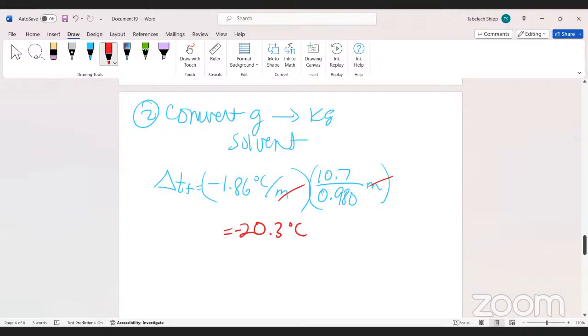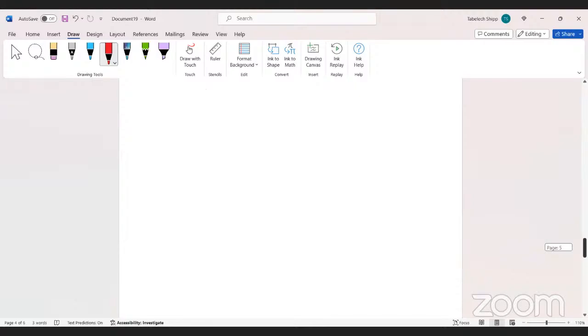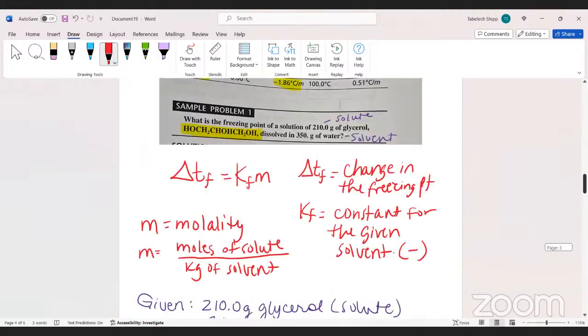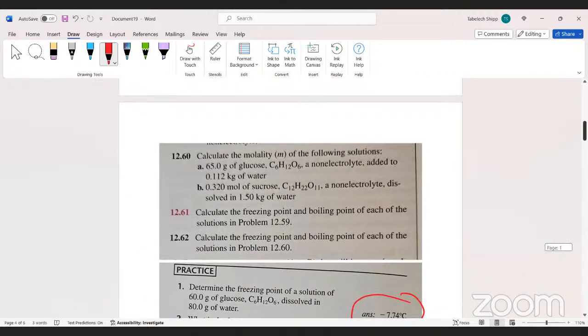I'll give me a second. I'm going to pull up one for you guys. Oh, I got one. This one deals with molality, and this is where I probably should have started the lesson anyway, on molality.